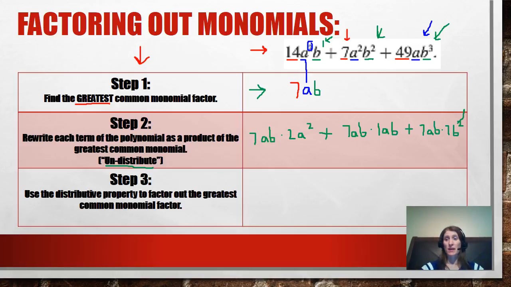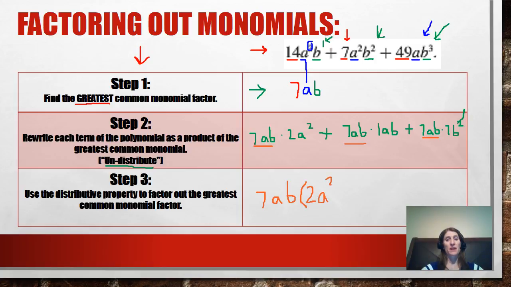Now, step 3 wants me to use the distributive property to factor out the greatest common monomial factor. So you can see that I have a 7ab common in all 3. That was our whole goal. So I'm going to take that and write it out in front. And this is where we use the distributive property. And I'm going to then put my parentheses. And what I have left in the first one is what we multiplied it by, so 2a squared.